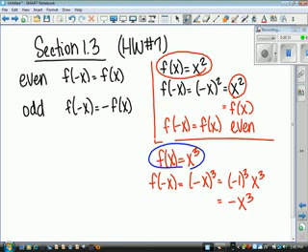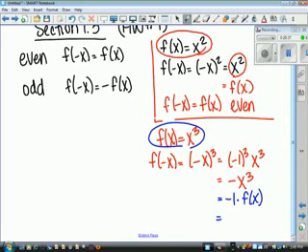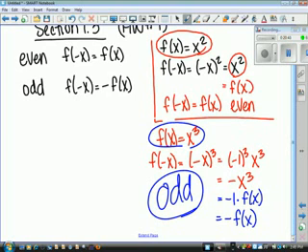Obviously that's not the original function, but it is negative 1 times the original function, or in other words, negative f of x. So that proves the function is odd.